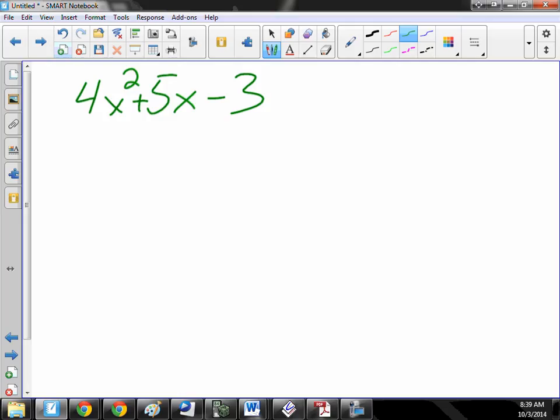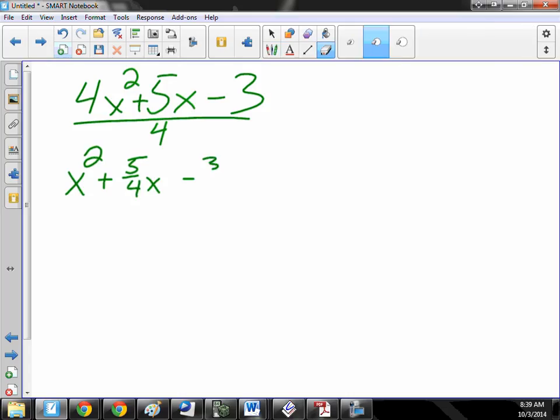So, what we need to do is go through and divide out the leading coefficient, even though it's not a common factor among all the terms. Okay? So, I'm just going to go ahead and divide everything by 4. That gives me x squared plus 5/4 x minus, well, let's move that over, equals 3/4.